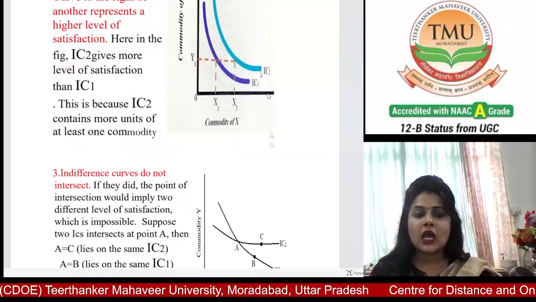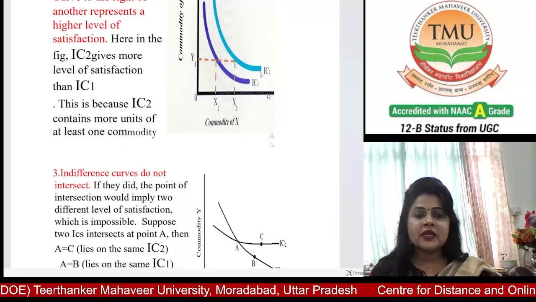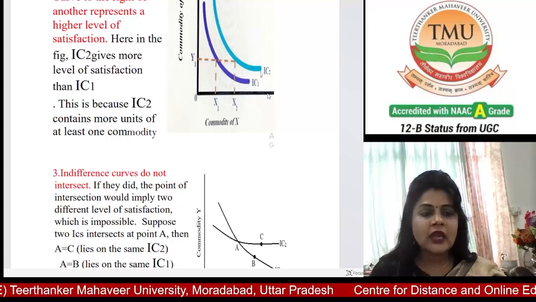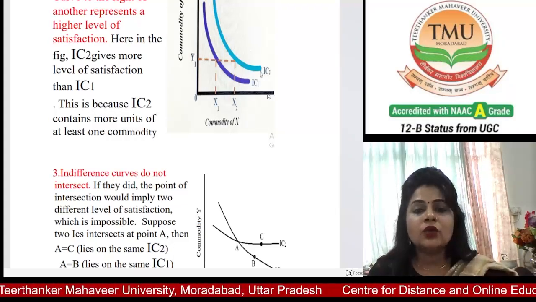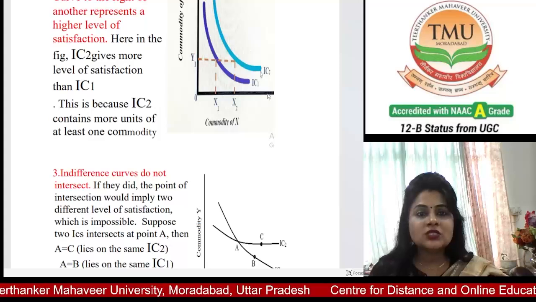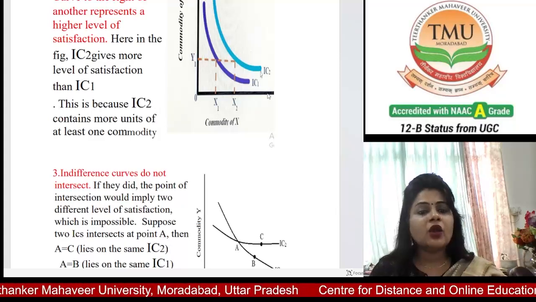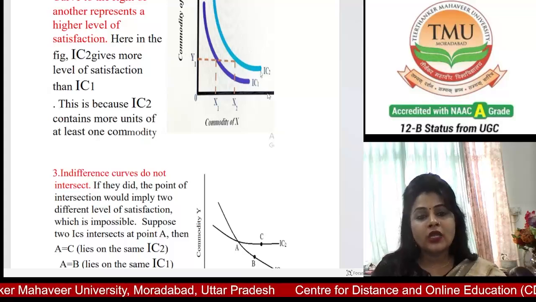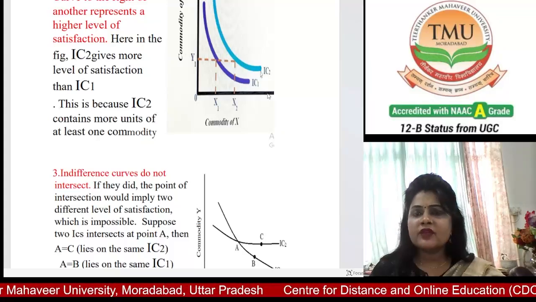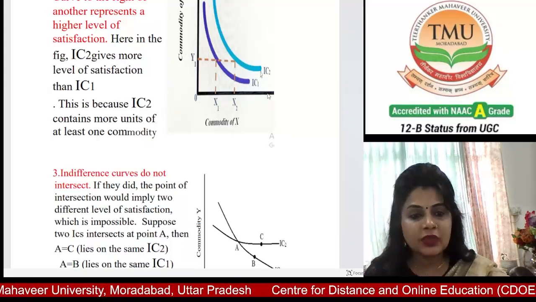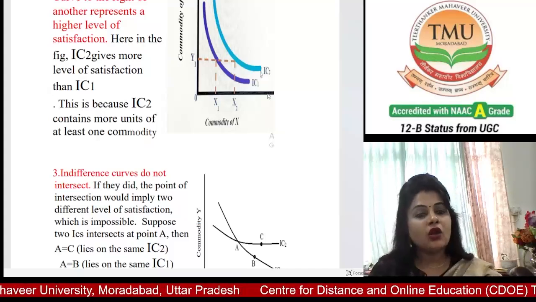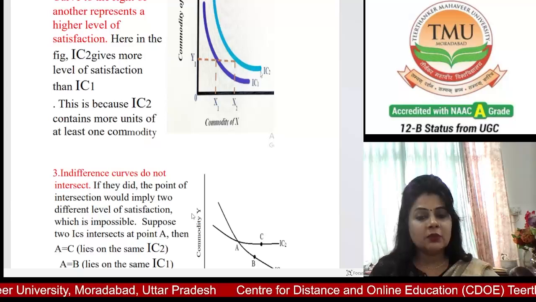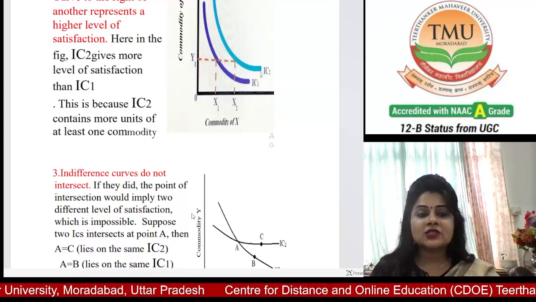In this figure, you can see a higher indifference curve represents a higher level of satisfaction, or we can say that an indifference curve to the right of another gives more satisfaction. This property of the indifference curve is based on the assumption of monotonic preferences. What are monotonic preferences? Monotonic preferences means that a consumer will always prefer a larger bundle as it gives him or her a higher satisfaction level.